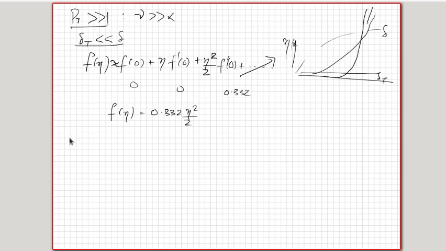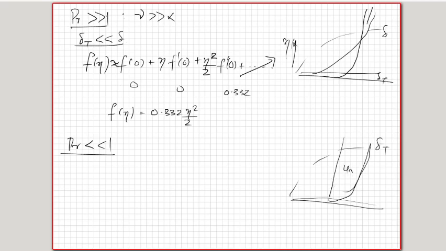And what happens when the Prandtl number is much less than 1? When the Prandtl number is much less than 1, it's the opposite that happens. That is, the thermal boundary layer is much thicker and the velocity boundary layer is extremely small, so much so that the velocity inside the thermal boundary layer is almost everywhere equal to u infinity. Okay, the velocity boundary layer is so small, after that it's all u infinity.